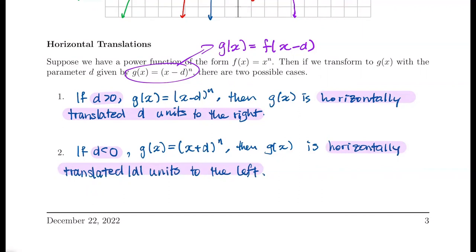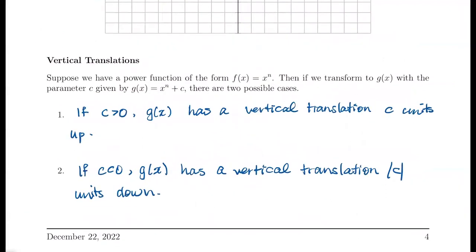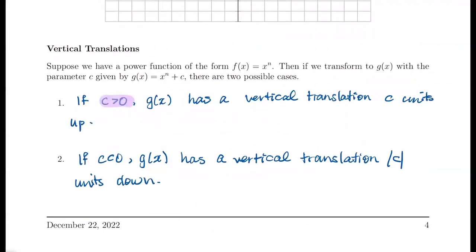The last thing we looked at was the vertical translations, where we note that when c is greater than 0, it's a vertical translation c units up, and when c is less than 0, it's a vertical translation absolute value of c units down. So those are the 4 parameters.